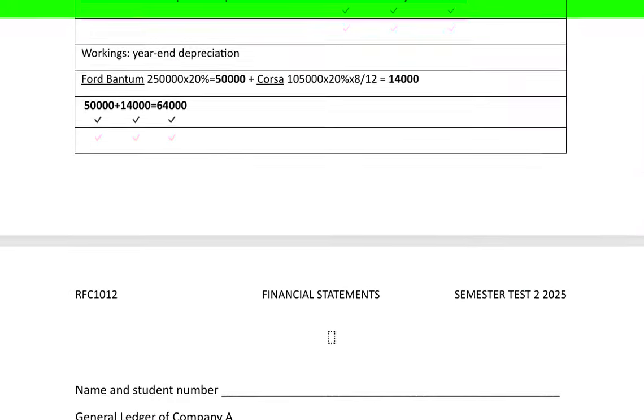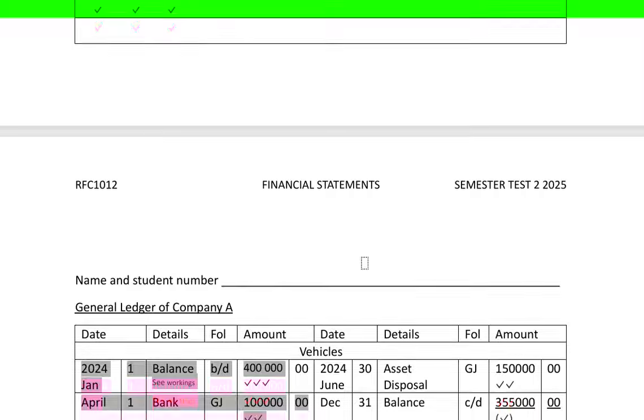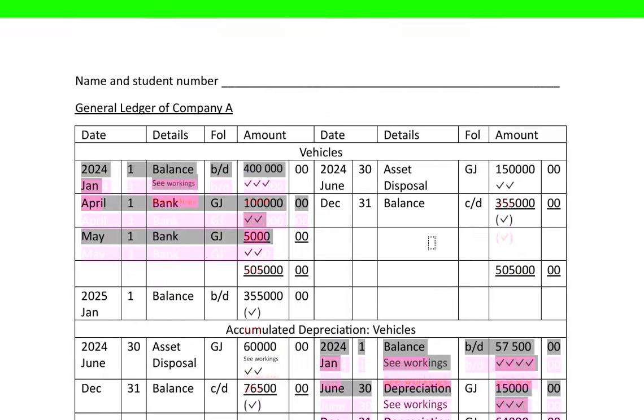Now what we need to do when we do asset disposal is we need to transfer the cost price of the vehicle that we are selling to the asset disposal account. And what that means is we credit vehicles, because that there is the historical cost price of the Renault Sandero.